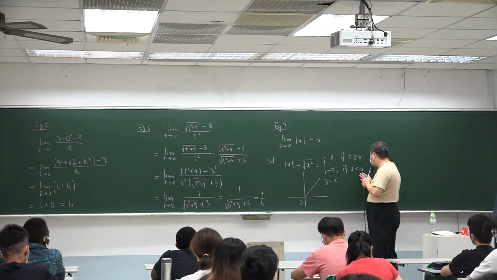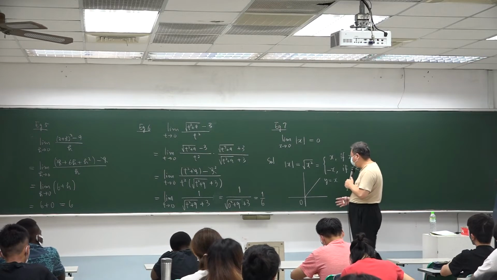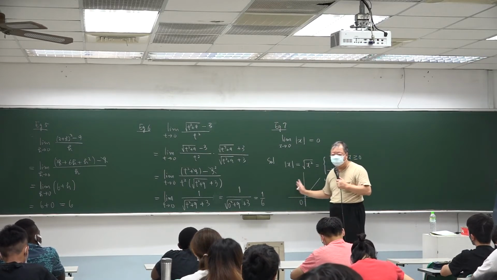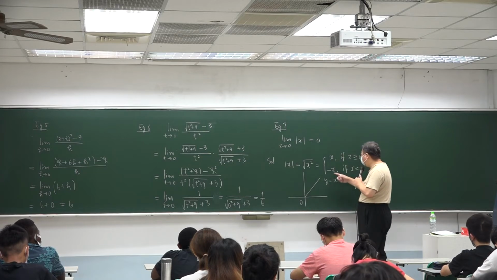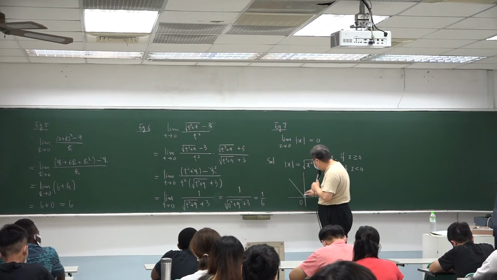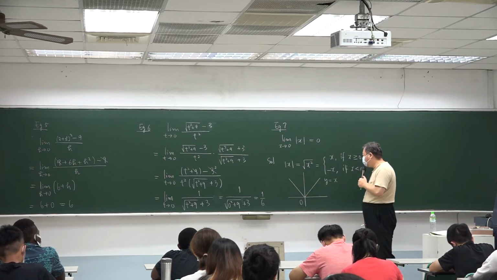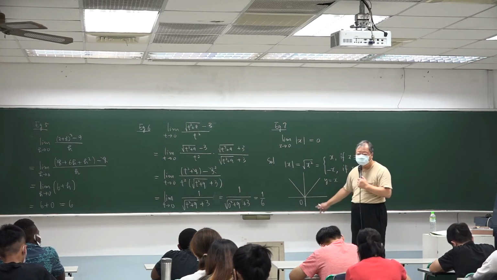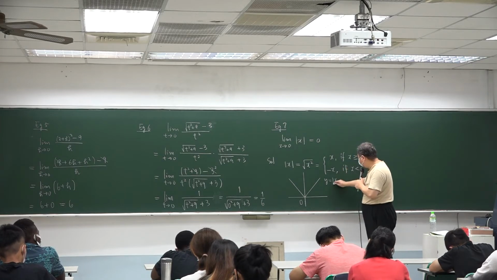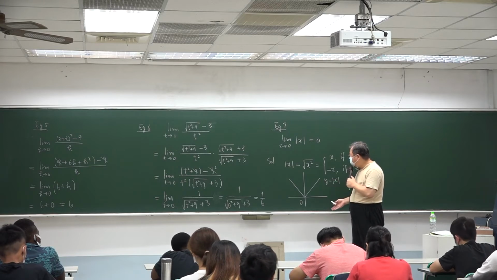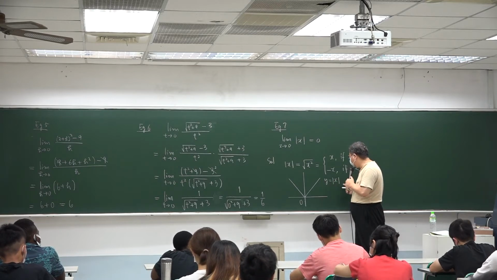Whereas if x is negative, on the left half plane, this is y equals minus x, also a straight line passing through the origin. So this is the graph of the absolute value function, y equals the absolute value of x.